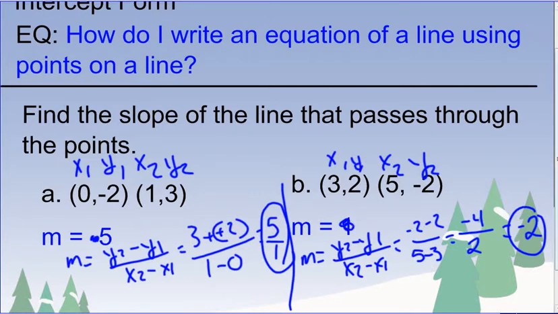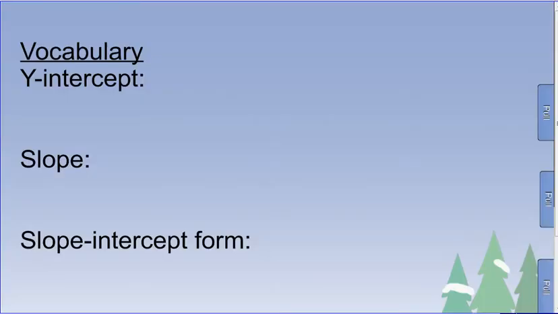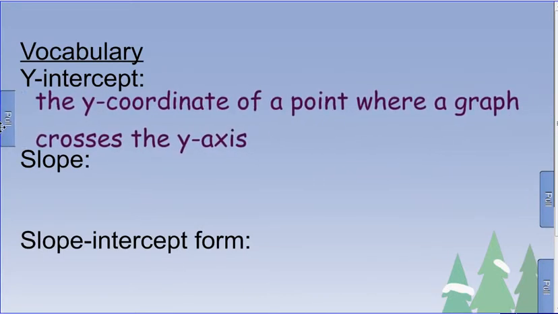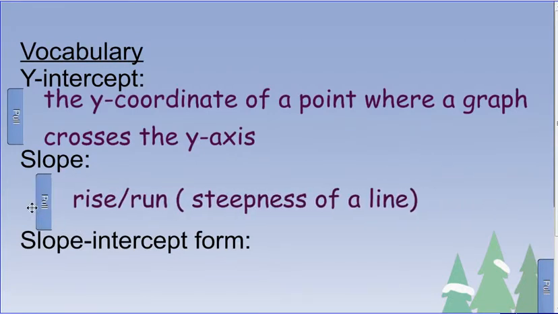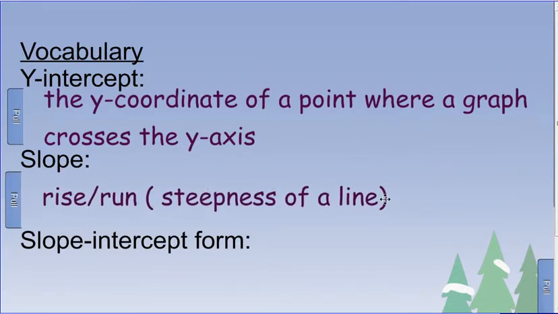I think the vocabulary is the exact same 3 words, but just in case you don't have it, we have our y-intercept, which is where the line crosses the y-axis. Slope is the slantiness of the line, or how steep the line is. It's a number where positive slopes go this way, negative slopes go this way. 0 slope looks like that.